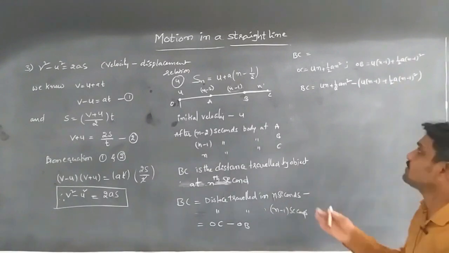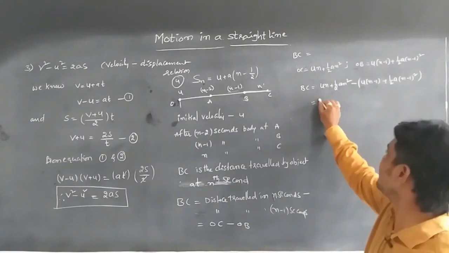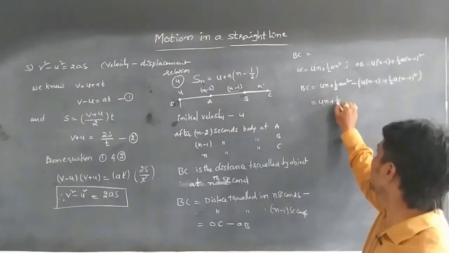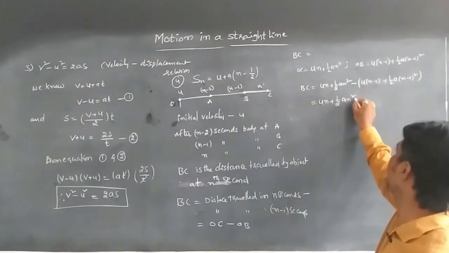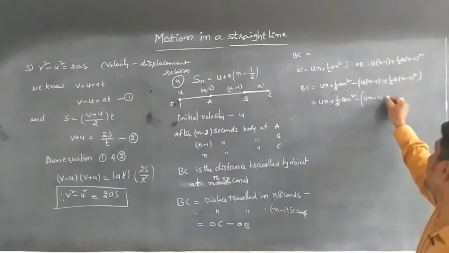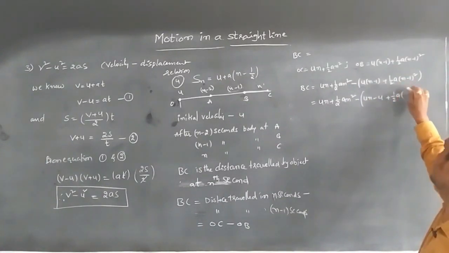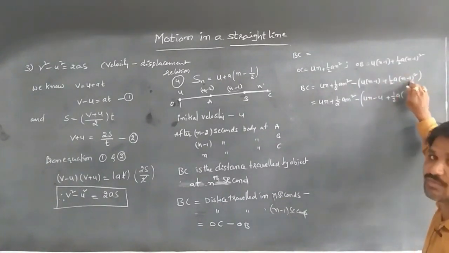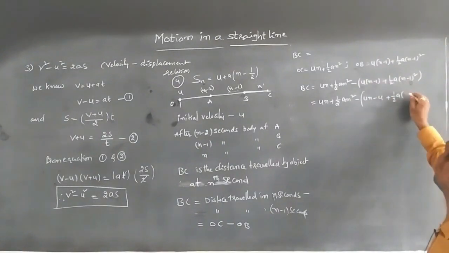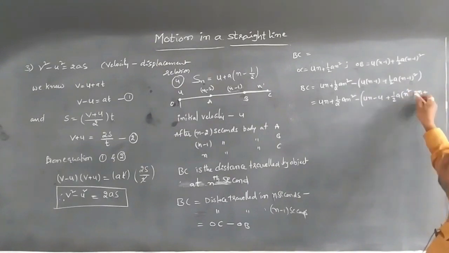So we are substituting. This minus symbol indicates that whenever we multiply inside, we get Un plus half A n square minus Un plus U. Then we multiply the half A. It is in the form of a minus b whole square in the formula, so we write n square minus 2n plus 1.